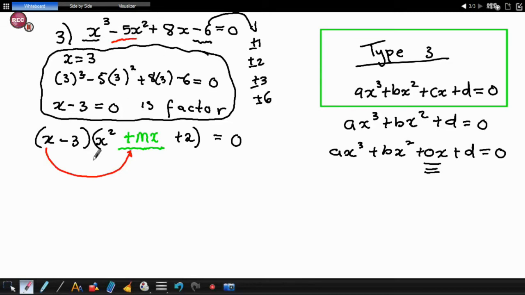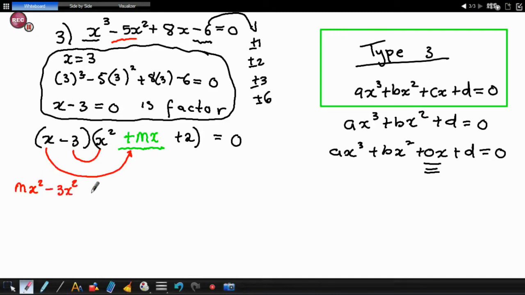So x times mx will give you mx squared, and then negative 3 times x squared does give us negative 3x squared.